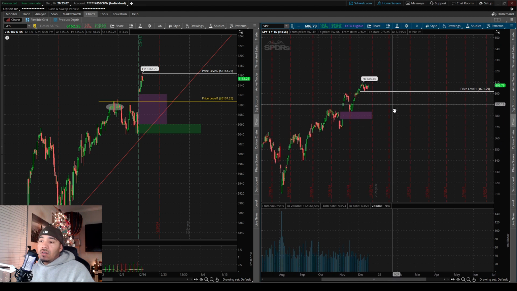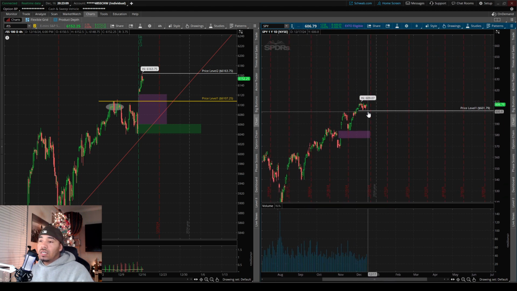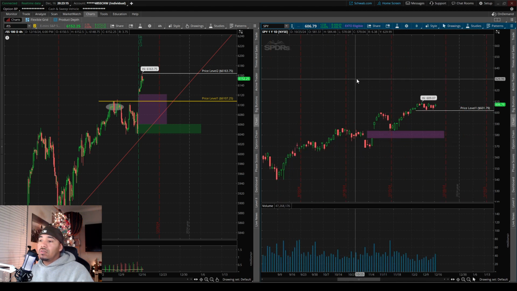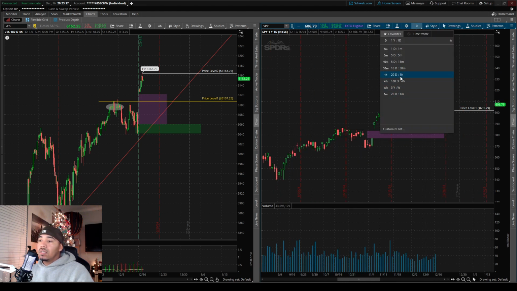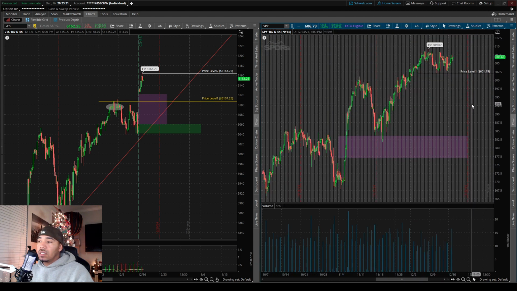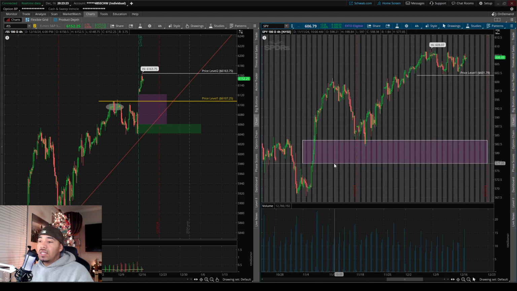All right, now what we'll do is, that is our support right there. So let's zoom in a little bit better. Let's go over to the 4 hour. All right. Here is, so you see, we're not seeing this gap here on the 4 hour, right? But we do understand that the gap is there.